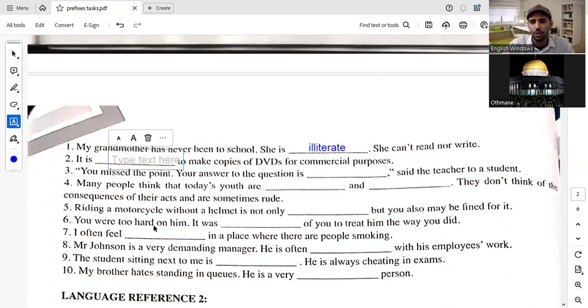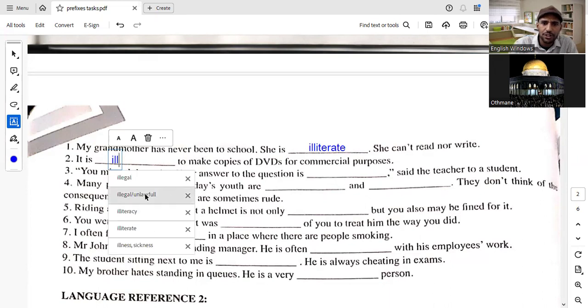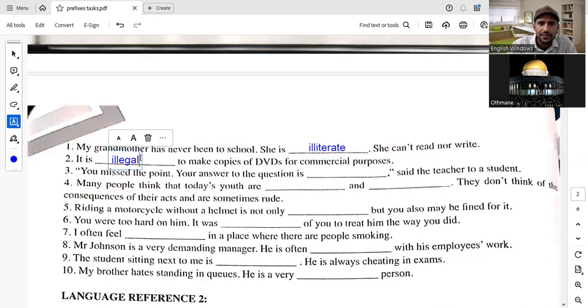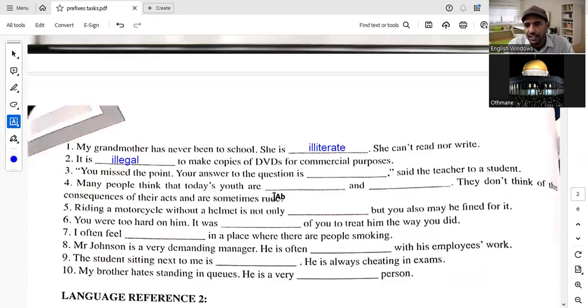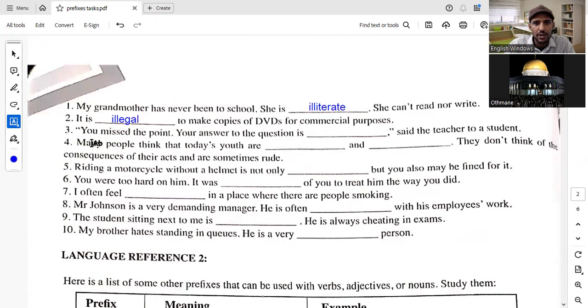Copyrighted يعني عنده حقوق محفوظة للمؤلف أو للناشر. So it is illegal to do that. You can't just go and make copies at home using your DVD burner or whatever.